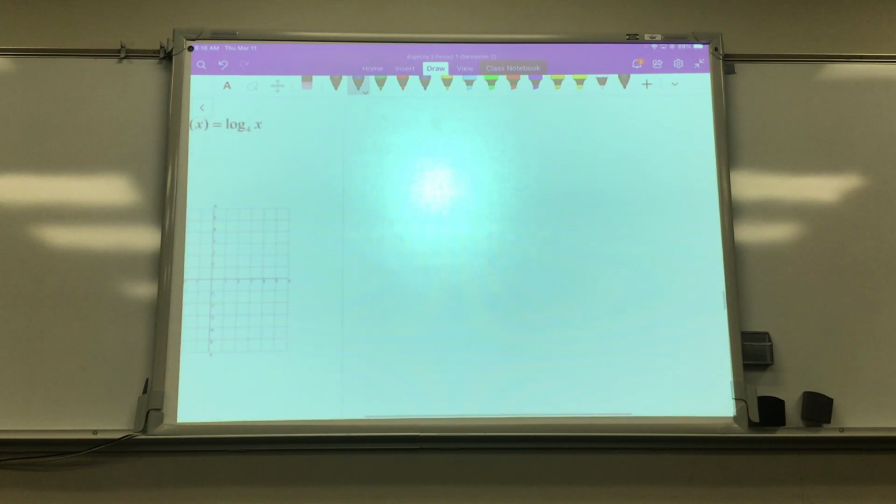Okay, so let's just go off to the side here. Log base 2 of x. Again, either x and y or x and f of x, either way. Your y values are always going to be negative 1, 0, 1. In this case, we rewrote it as 2 to the y equals x, right?